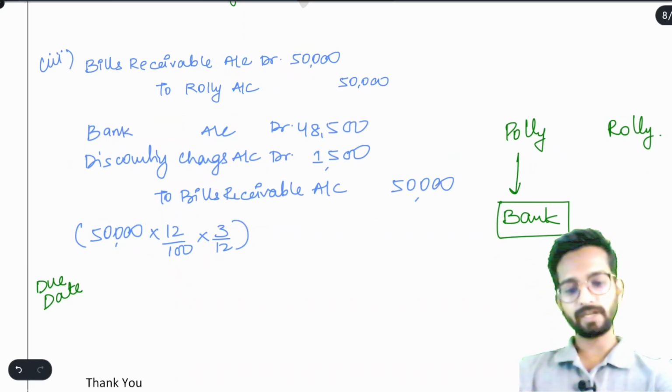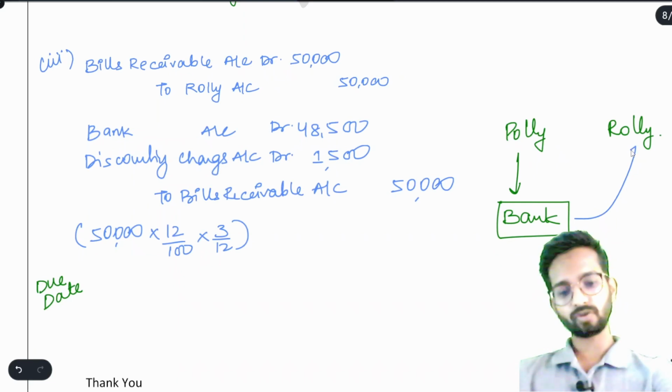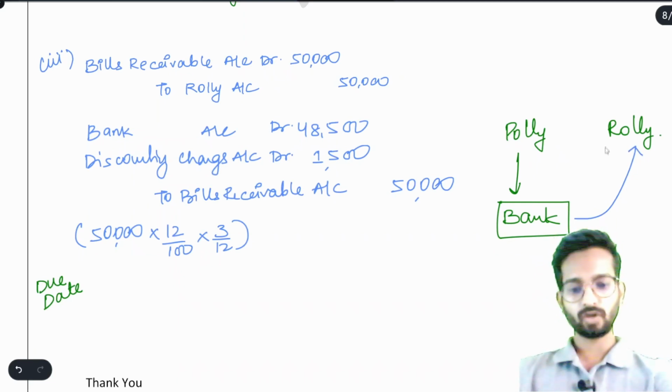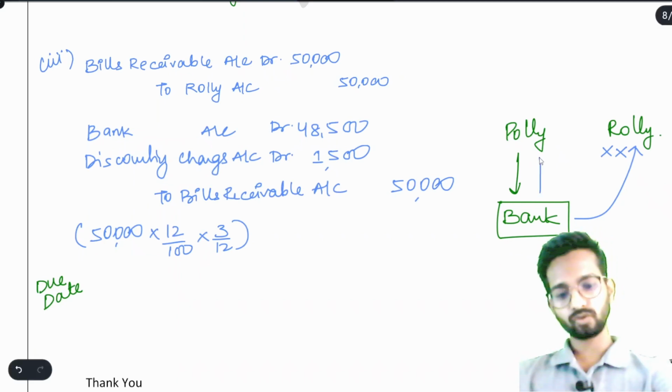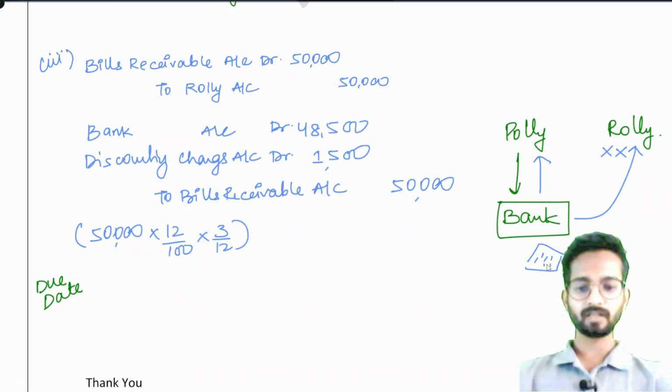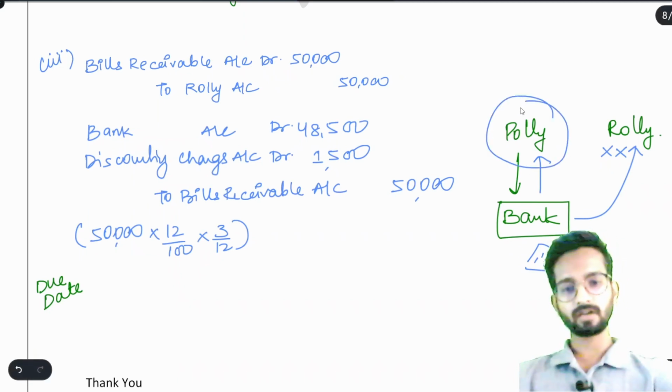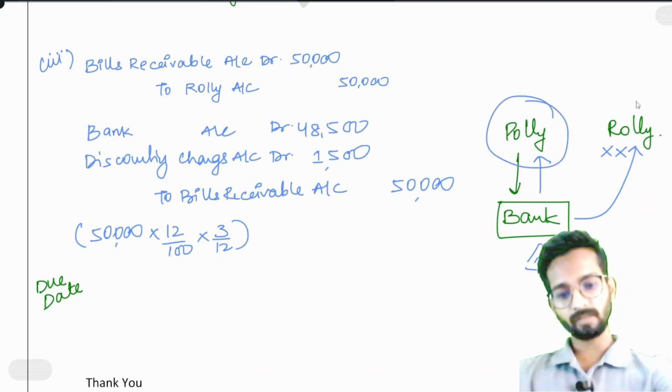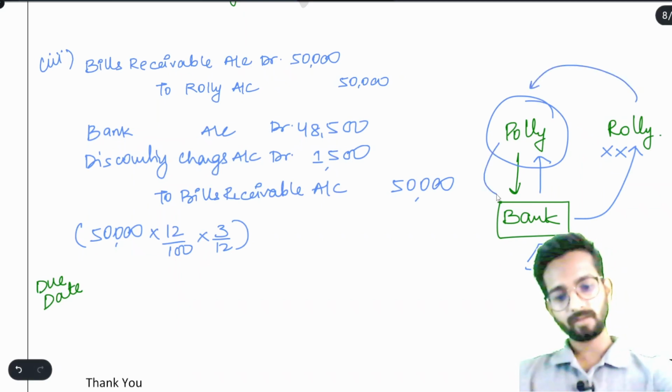What happens on the due date? The bank goes to Rolly and asks for the payment. Rolly says, I will not make any payment. So the bank goes to Polly and tells Polly that we gave you a short term loan on the basis of your bills receivable, but now your bills receivable is of no use because Rolly is not making the payment. So Polly says, okay sir, do not shout, I will take the payment from Rolly and pay you.